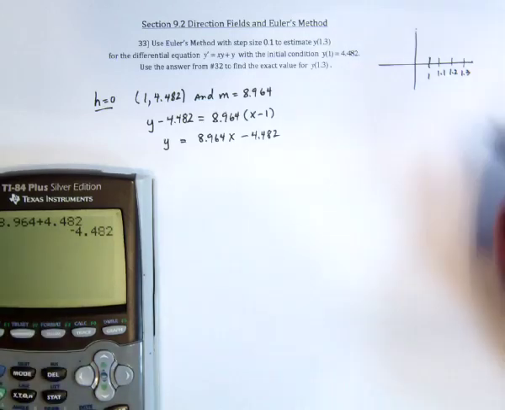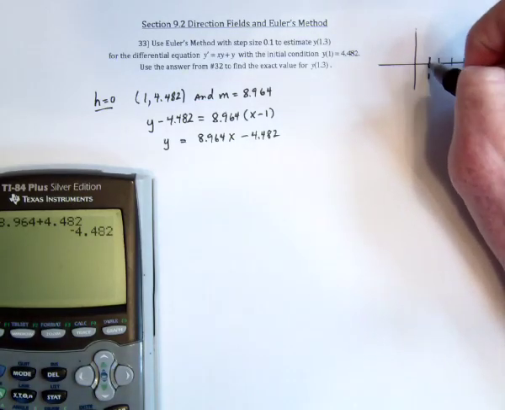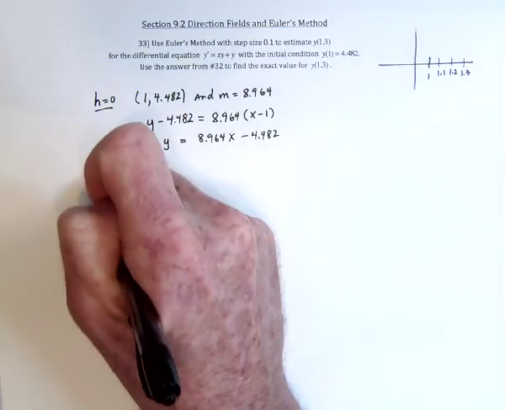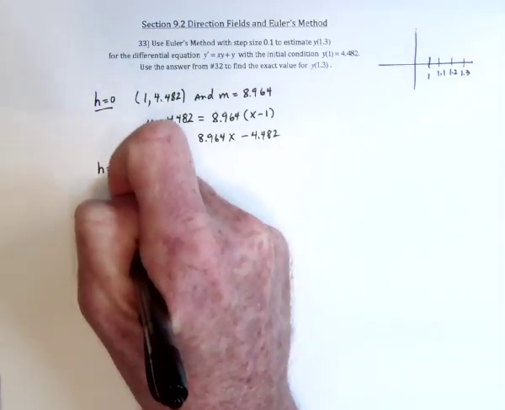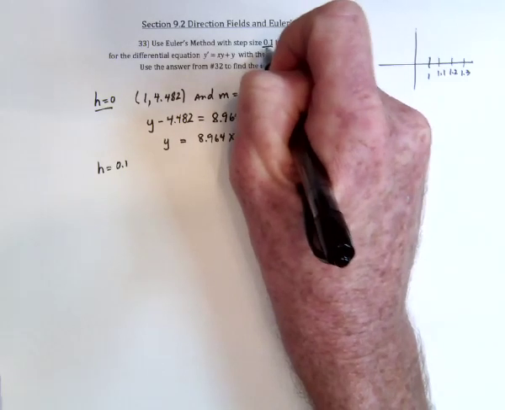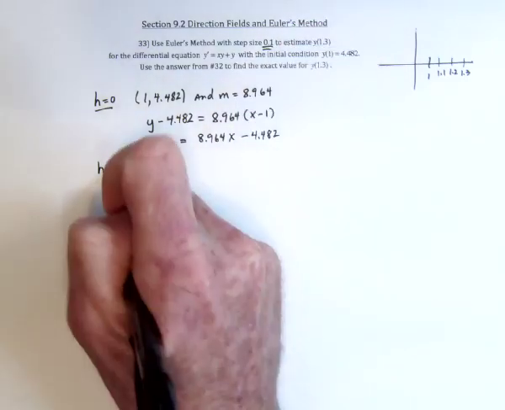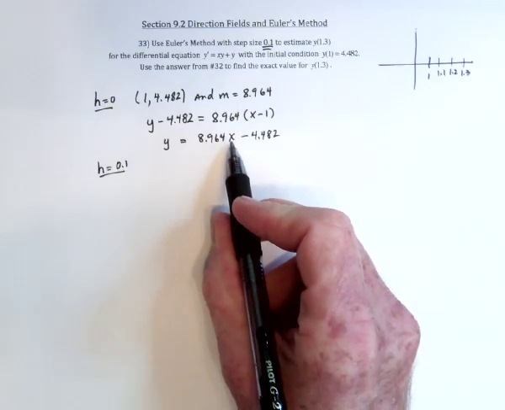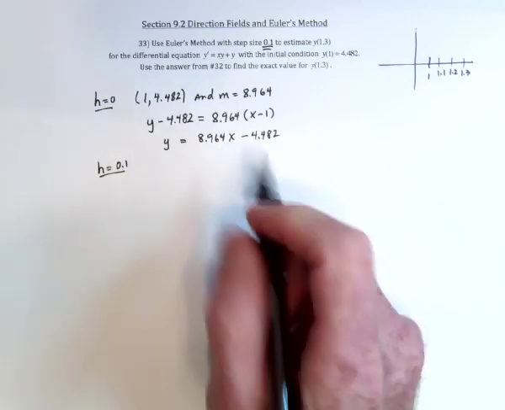Okay, now we're done with this point at 1. Now we move over to 1.1. So now we call that h. We're moving over by 0.1, which is usually given. So in that case, you have to say, okay, now we're over to the point where x equals 1.1.